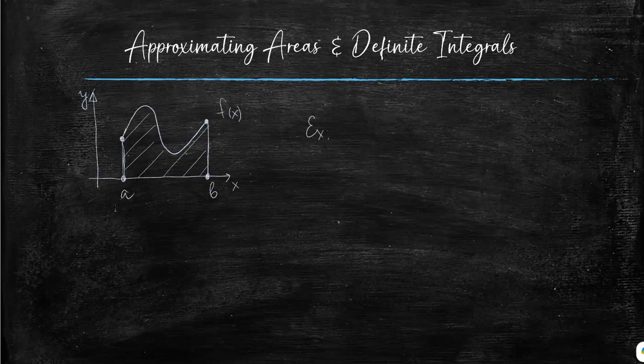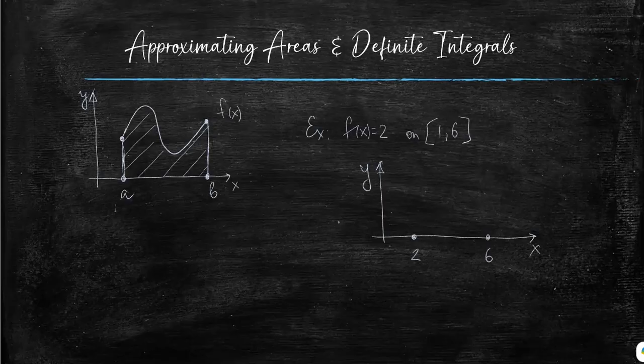For example, if we have f of x equals 2 on the interval from 1 to 6, this one is pretty straightforward. Why? Because it's a constant function. When I said continuous, I meant to say constant. And when you have a constant function, the region enclosed by that function on some closed interval is a rectangle.